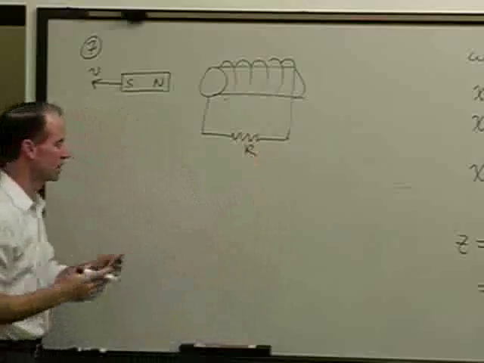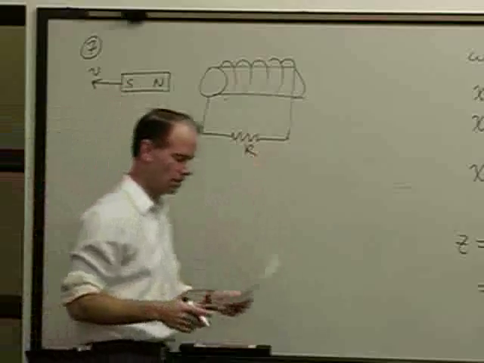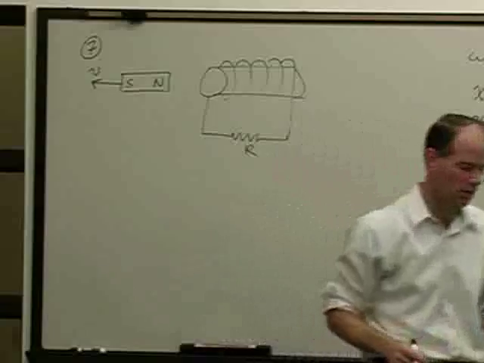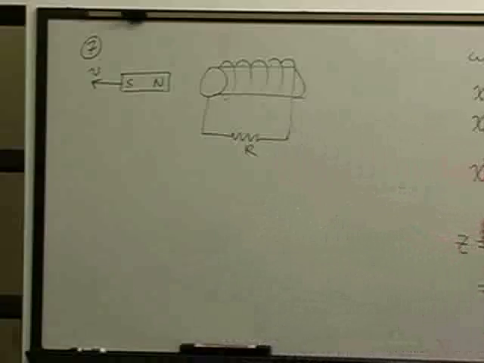They're not connected electrically in any way, but if I move that magnet to the left, what direction will the induced current flow through that resistor?